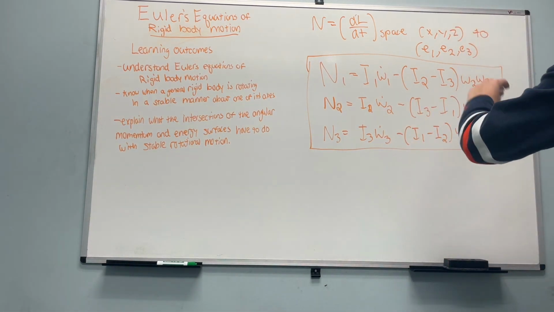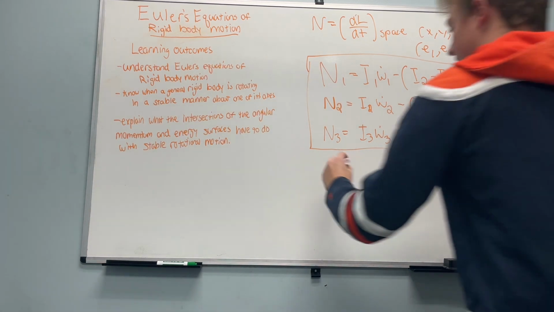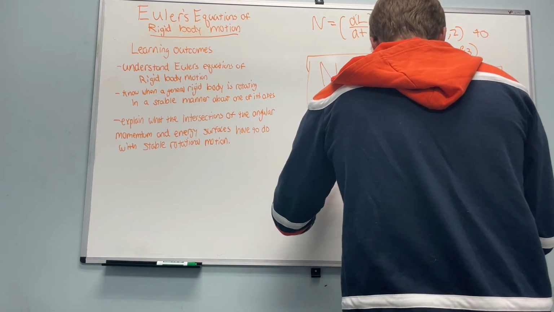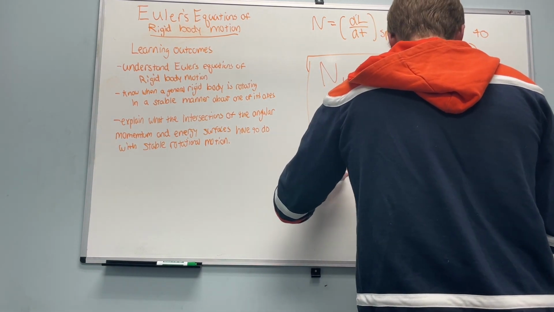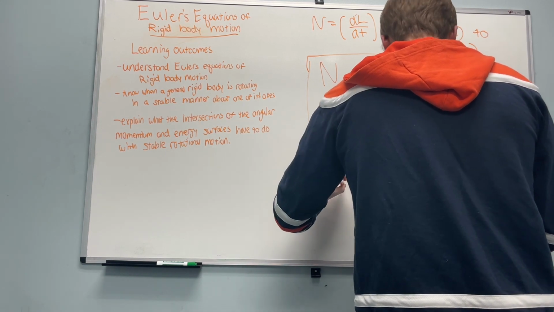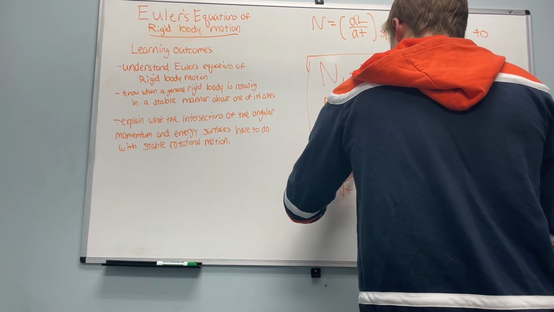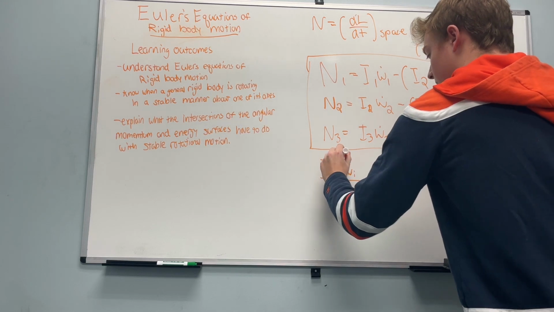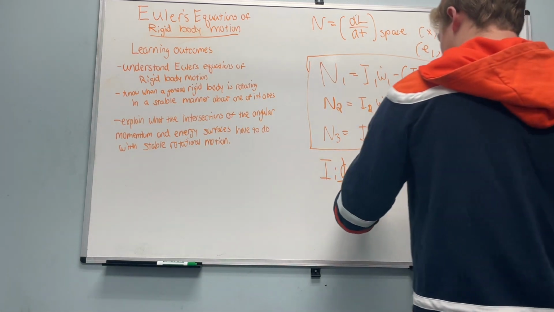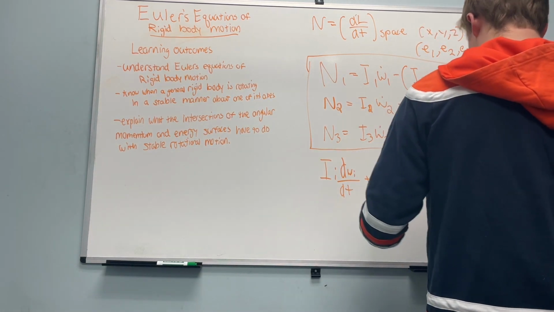And in its most general state, we can write this as here, I1 times the time differential of omega i.